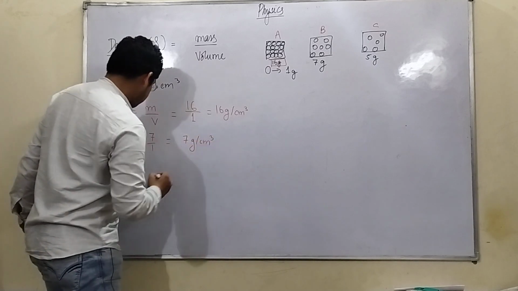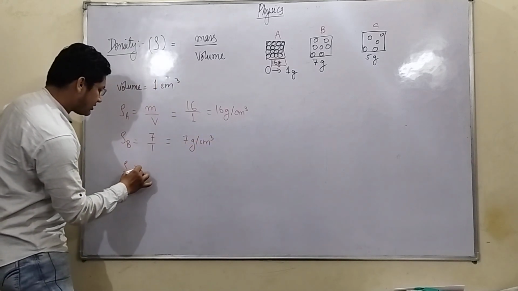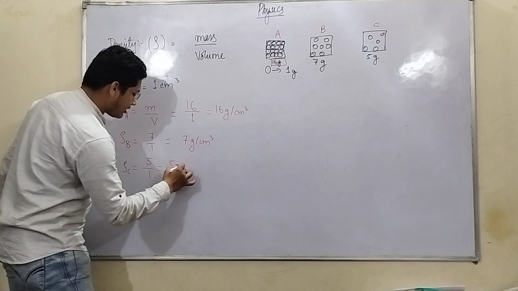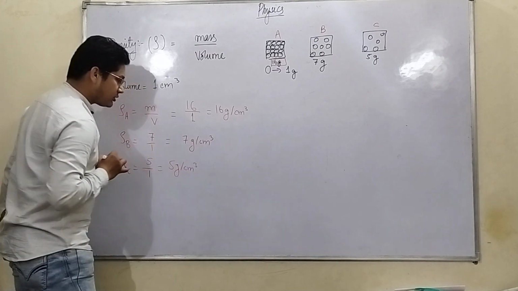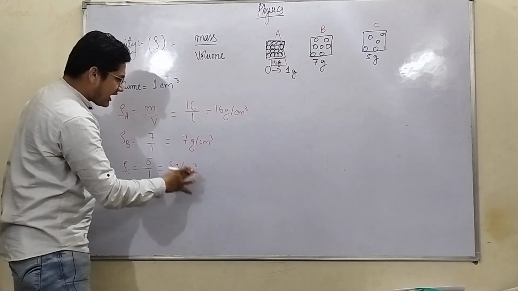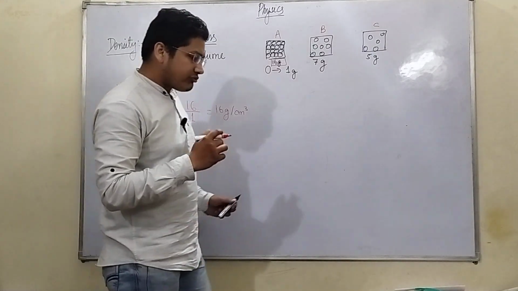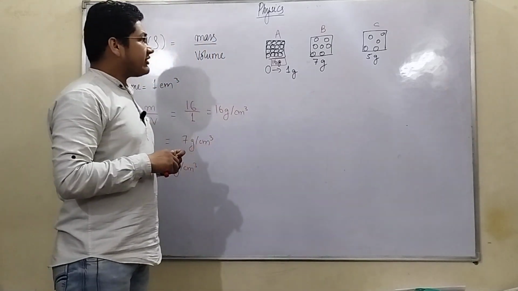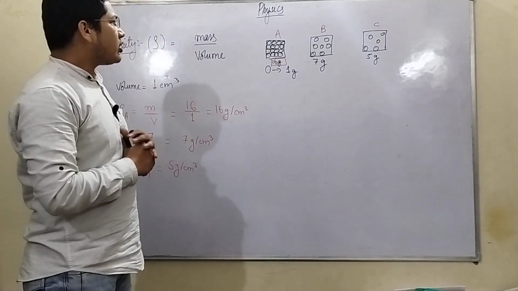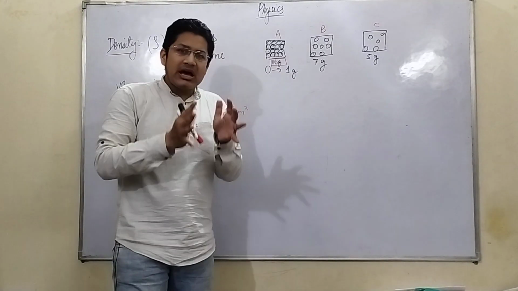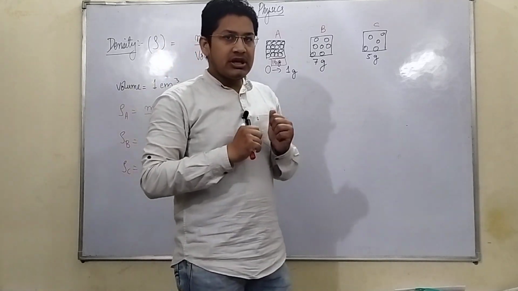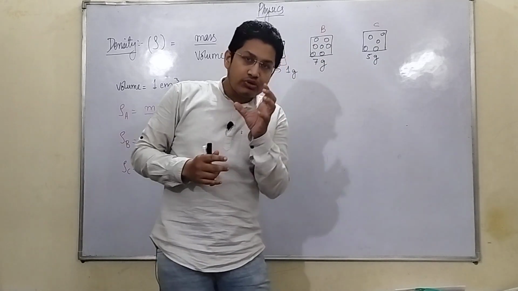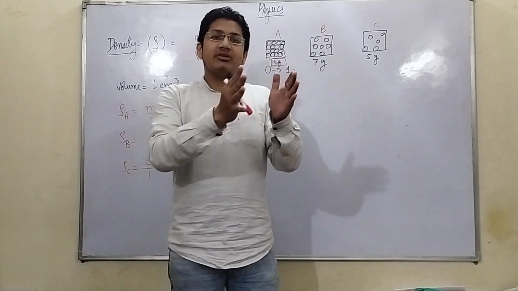And in the third case, it is 5 upon 1, so it will come 5 gram per centimeter cube. So in this way we have seen that if the number of particles varies, density will also vary. In simple words, if more mass is present in unit volume, then its density will be high. If less mass is there in unit volume, then its density will be less.